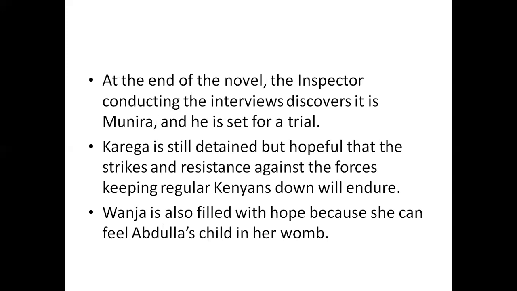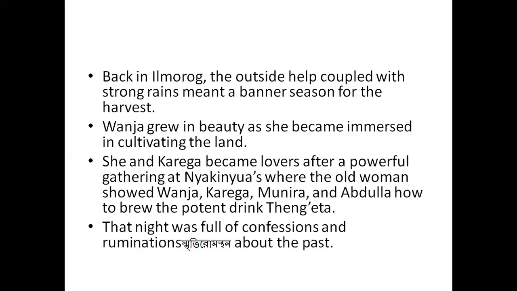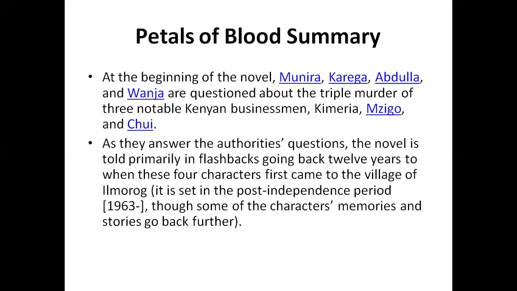So this is the novel in short. The novel started with the four people, that is Abdullah, Karega, Munira and Wanja. They went to a village, Ilmorog, for their new beginning.